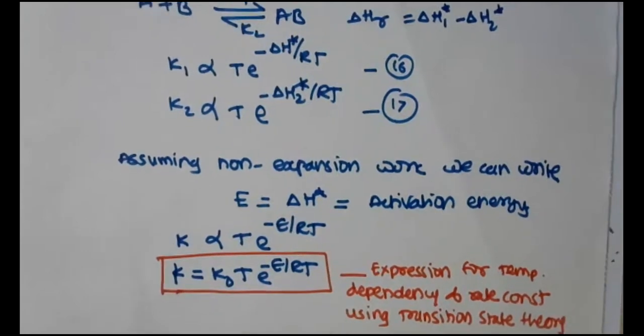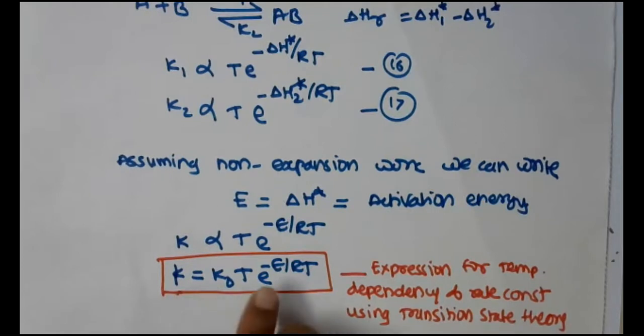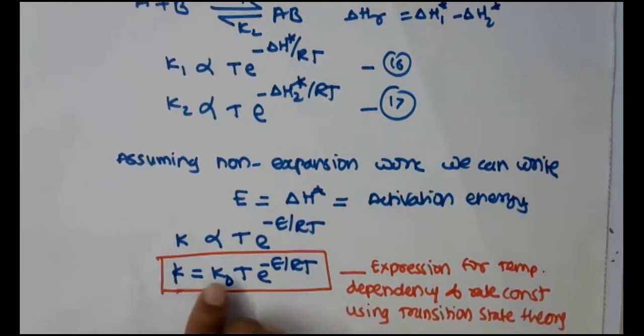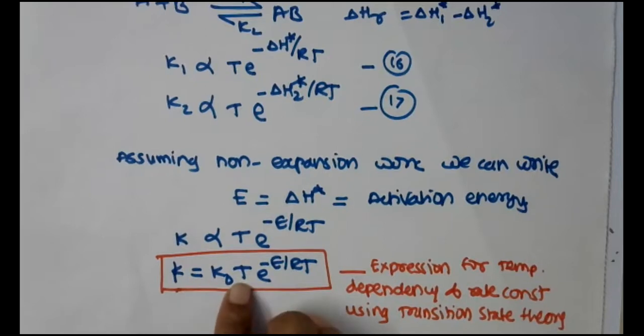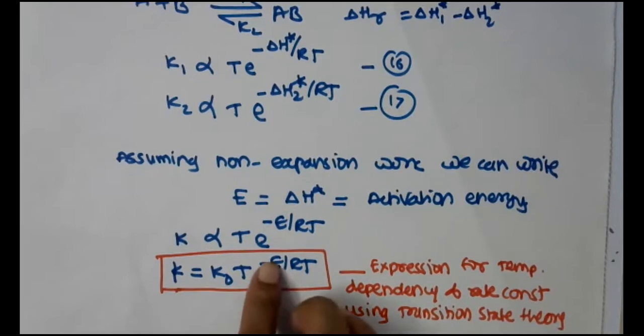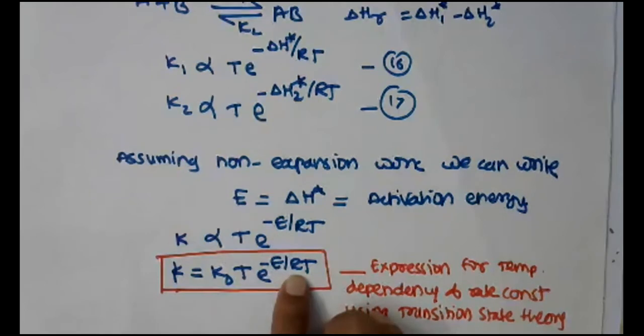So K is equal to K0 T e raised to minus E by RT is the expression which relates the rate constant with the temperature. K0 is the frequency factor, T is the temperature, E is activation energy, R is the ideal gas constant.